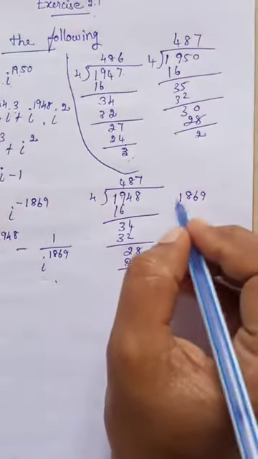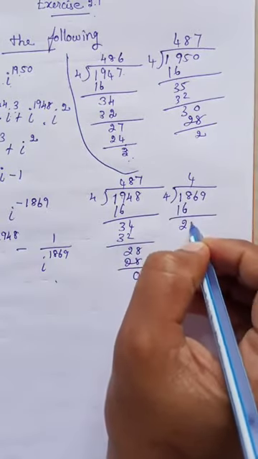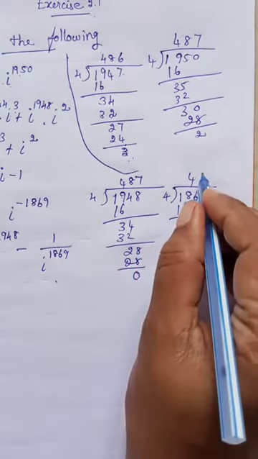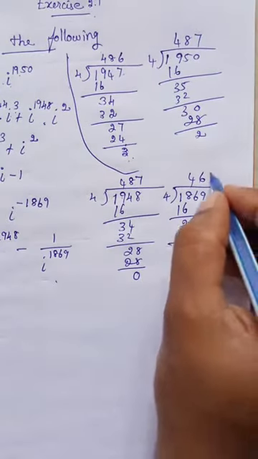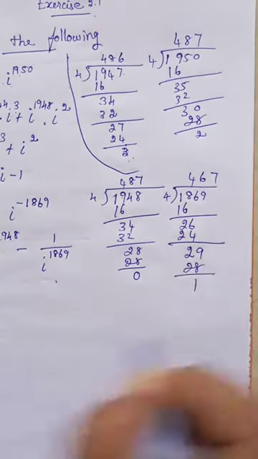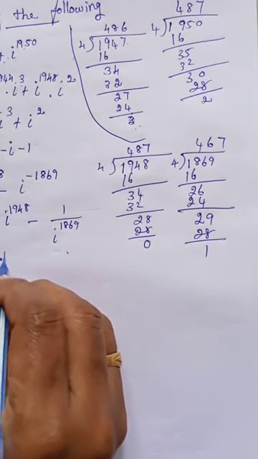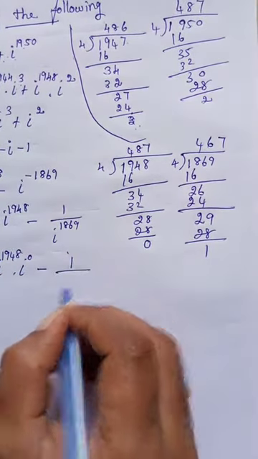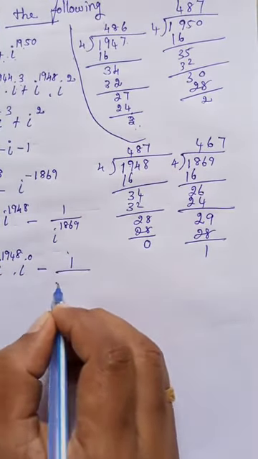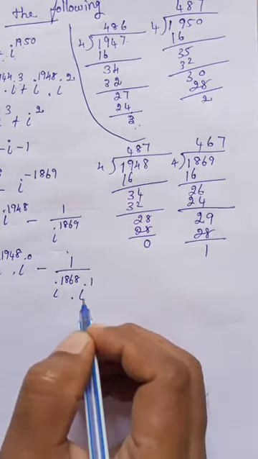Now 1869 divided by 4. 4 fours are 16, 2, then 26. 6 fours are 24, 2 balance, 29, 7 fours are 28. The remainder is 1. So when we write here, this is i power 1948 into i power 0 minus 1 by i power 1868 into i power 1.